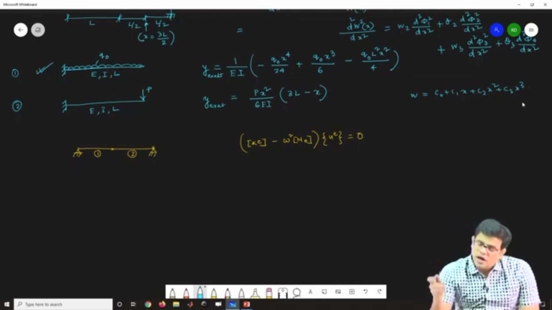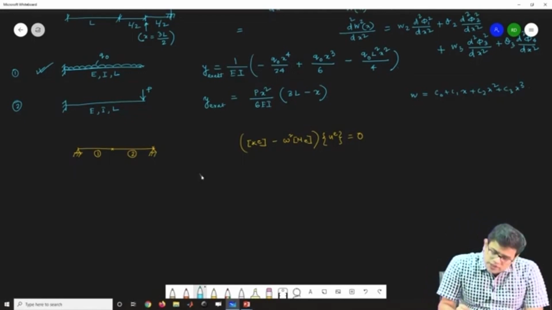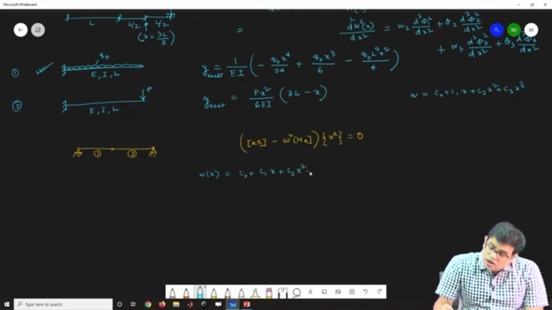So that's why we not only need the continuity of the displacement, we also need the continuity of the first derivative, or the slopes. So that is your dw/dx.